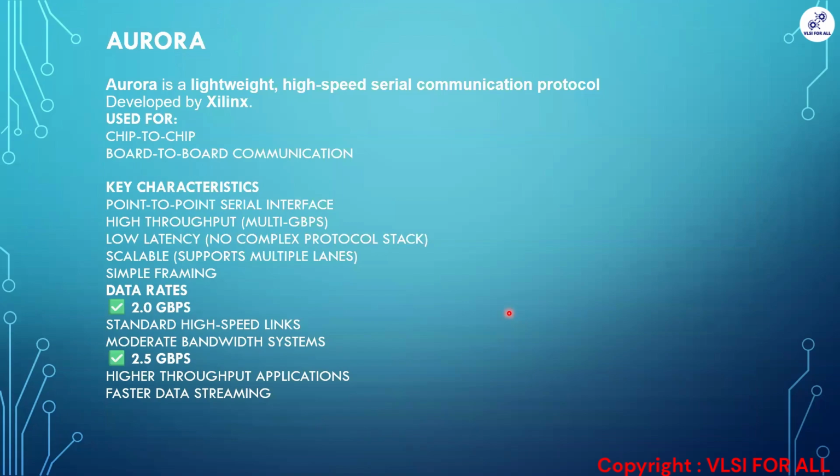Coming to Aurora, Aurora is a lightweight and high-speed serial communication protocol. It is developed by Xilinx. It is used for chip to chip communication and board to board communication. Its key characteristics: it's a point to point serial interface.